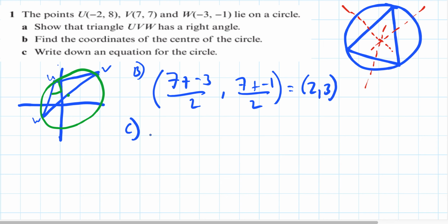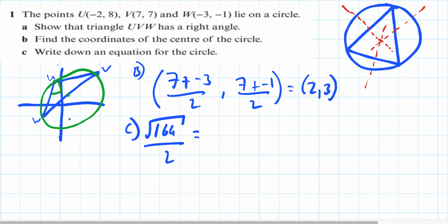We're just going to do the distance from V to W was square root 164. The radius is half. So the diameter was square root 164. If you just divide that by 2, that will give us the radius.